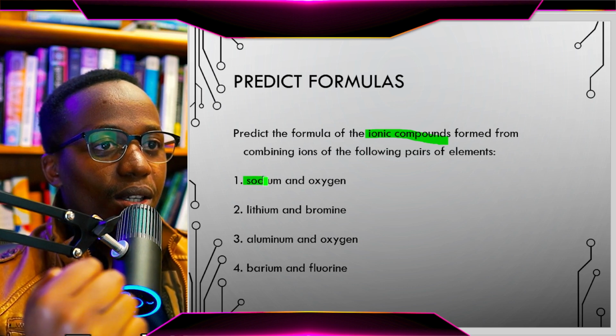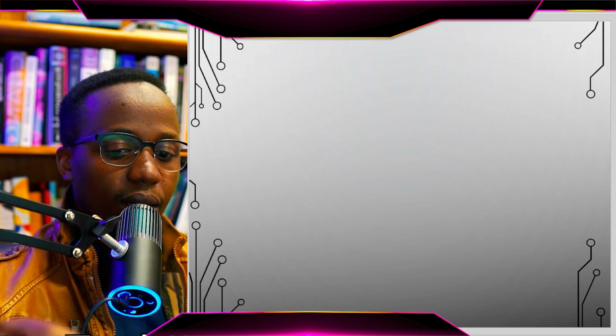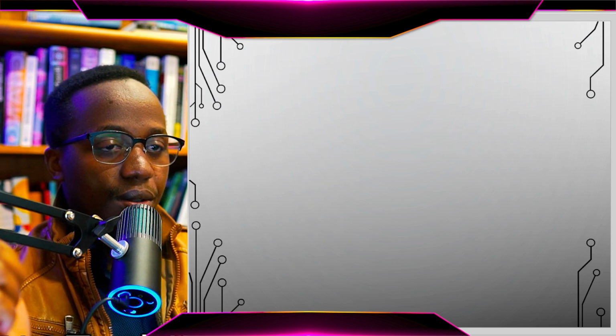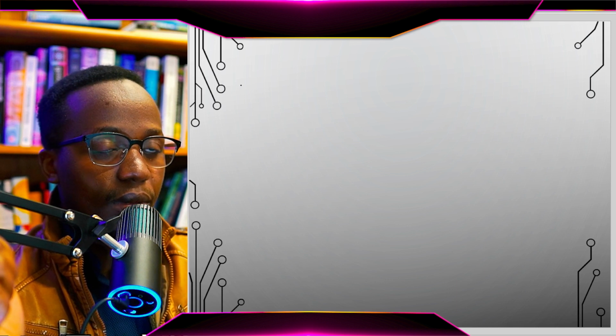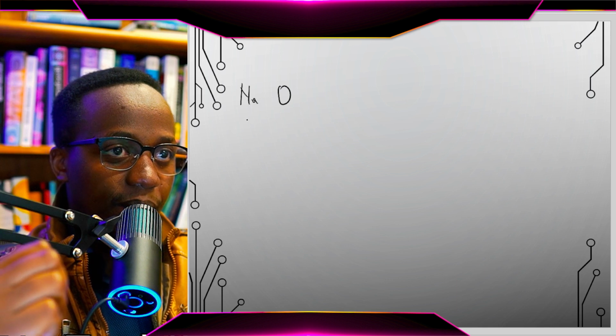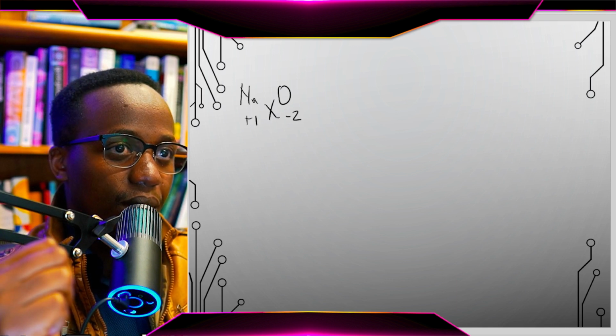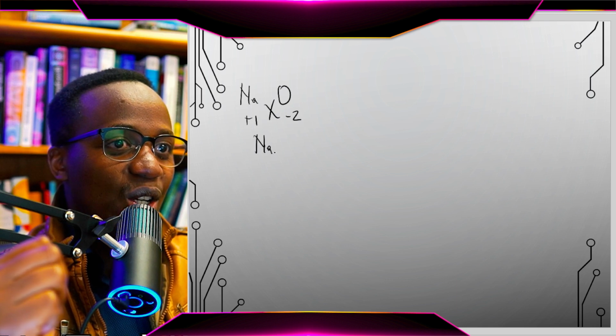So the first one is sodium and oxygen. I think we've done this one, but we can do it again. Sodium charges +1, oxygen is -2, so it's going to be Na2O.